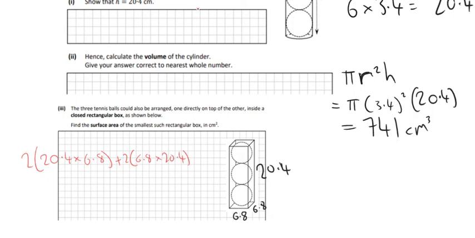And then the top bit and the bottom, if we take those areas into account, it's 2 times 6.8 times 6.8. And that all together will give us the full surface area of that rectangular box, which is 647.36, and that is in centimeters squared.